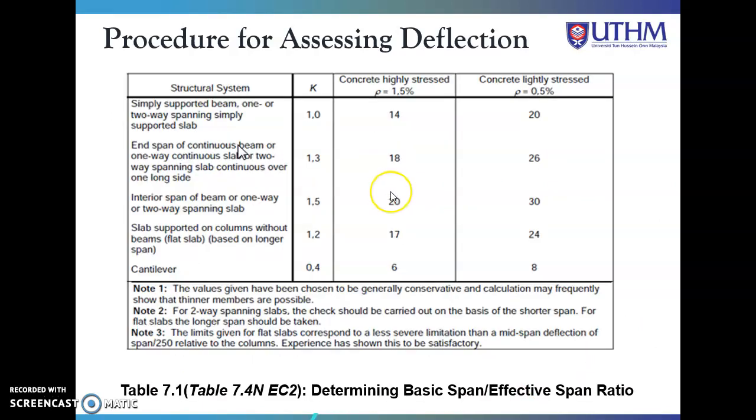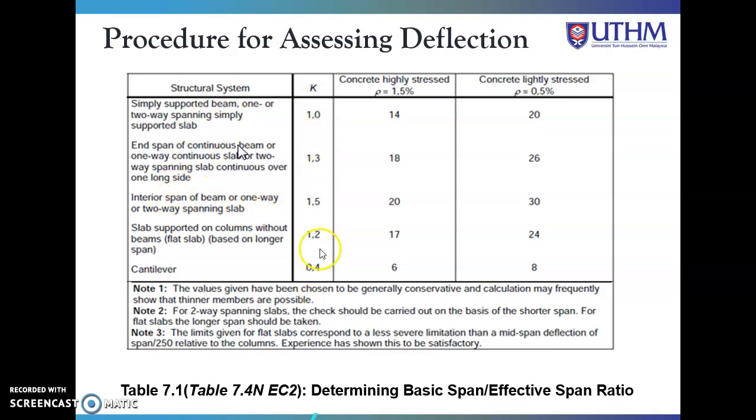Next is by using the table. This table is to determine the basic span effective depth ratio. So, kita kena tahulah nilai apa jenis kita punya structure tu, simply supported beam ke, ataupun interior span of the beam ke.